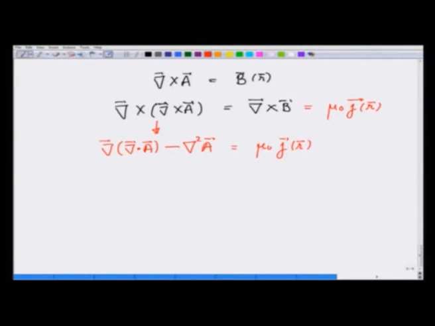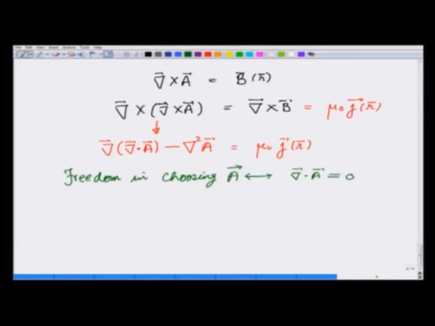Now, recall from my earlier lectures that there is a freedom in choosing A, in that we can add a gradient to it, and therefore, I can choose A in such a way that divergence of A is 0.